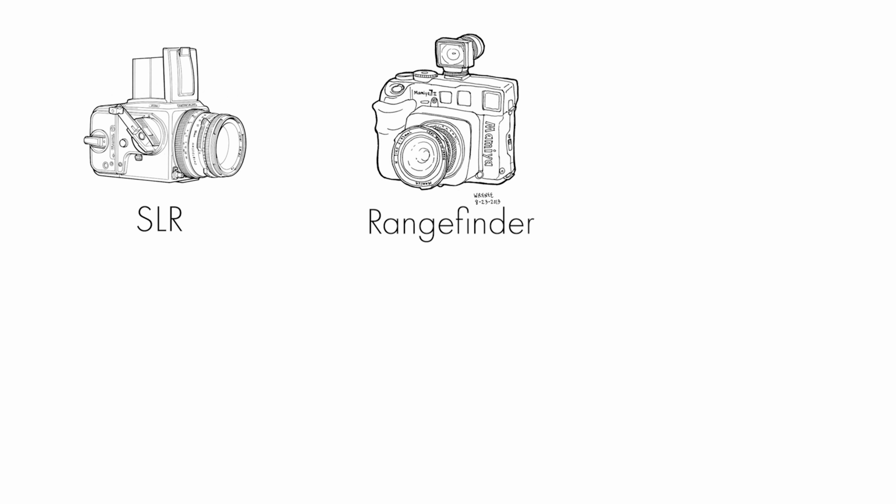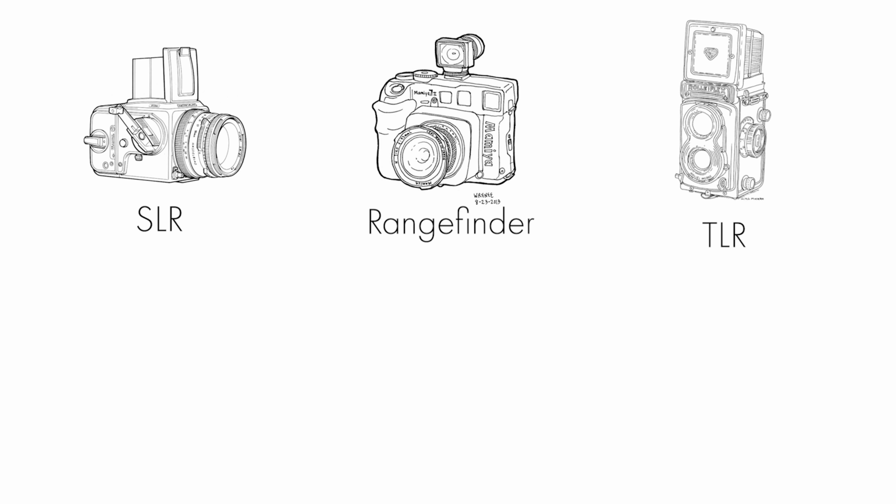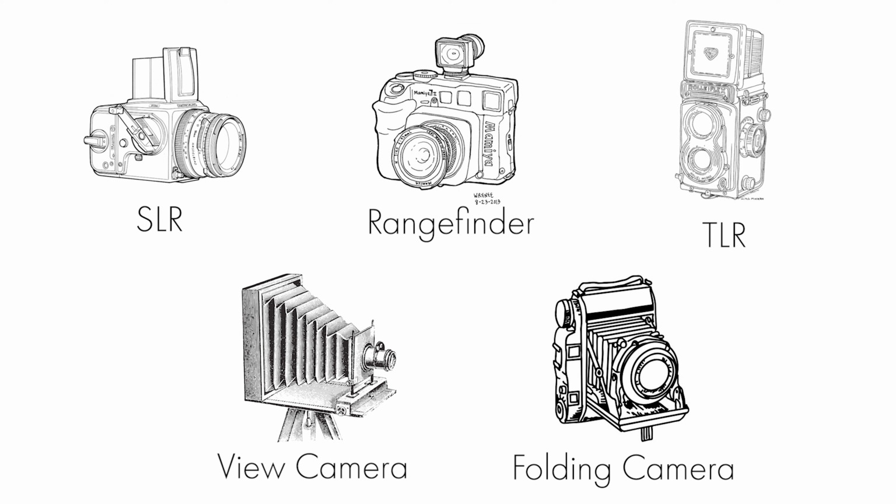But in terms of medium format, I would say you have the most different camera options to choose from. Pretty commonly found medium format cameras include SLRs, rangefinders, TLRs, view cameras, and folding cameras. And those are all pretty common cameras to find in the medium format world.